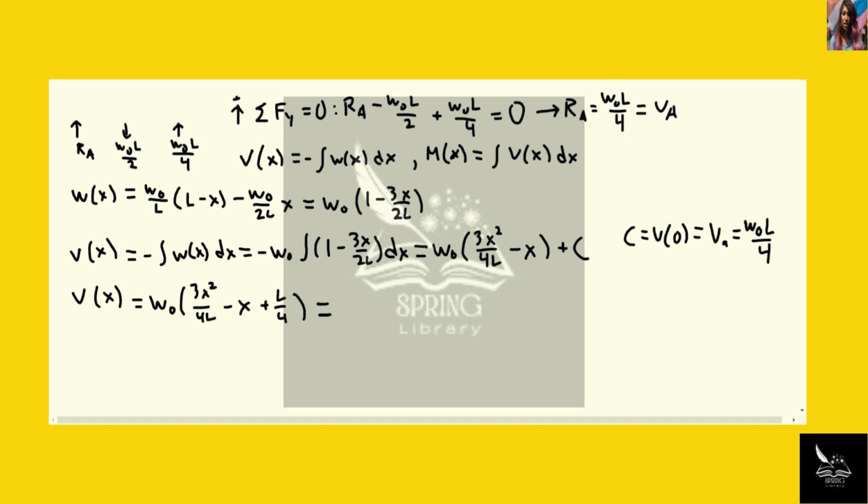This is going to make it easier to solve this equation and to find a maximum for M. All right, so when we do that, we get a 3 times x over L squared minus a 4 x over L and a 1. And so this is our V of x.